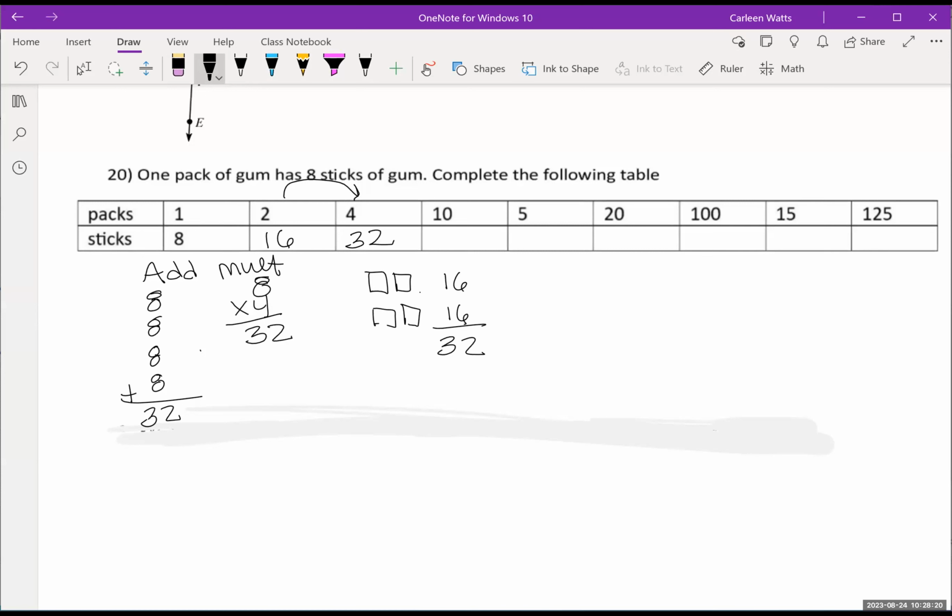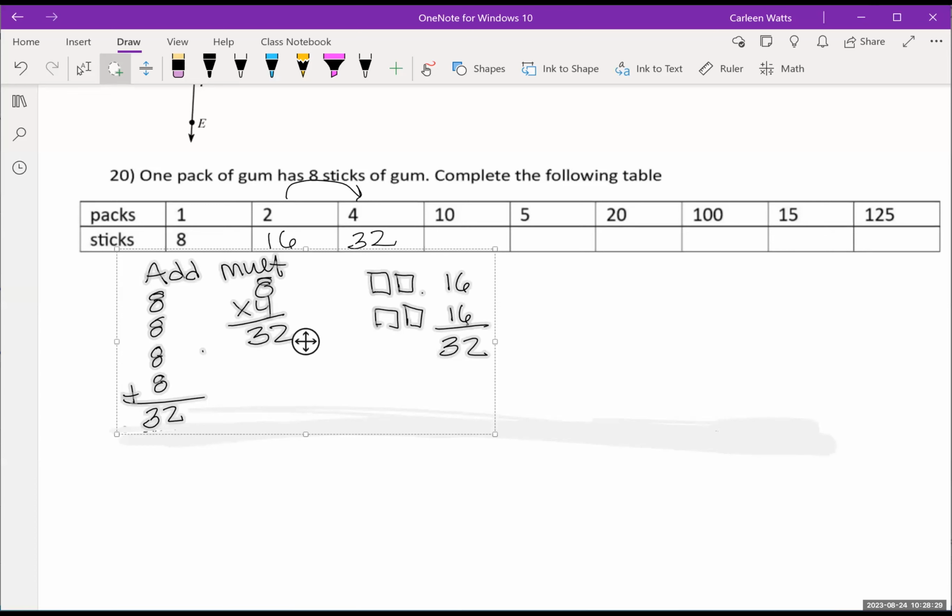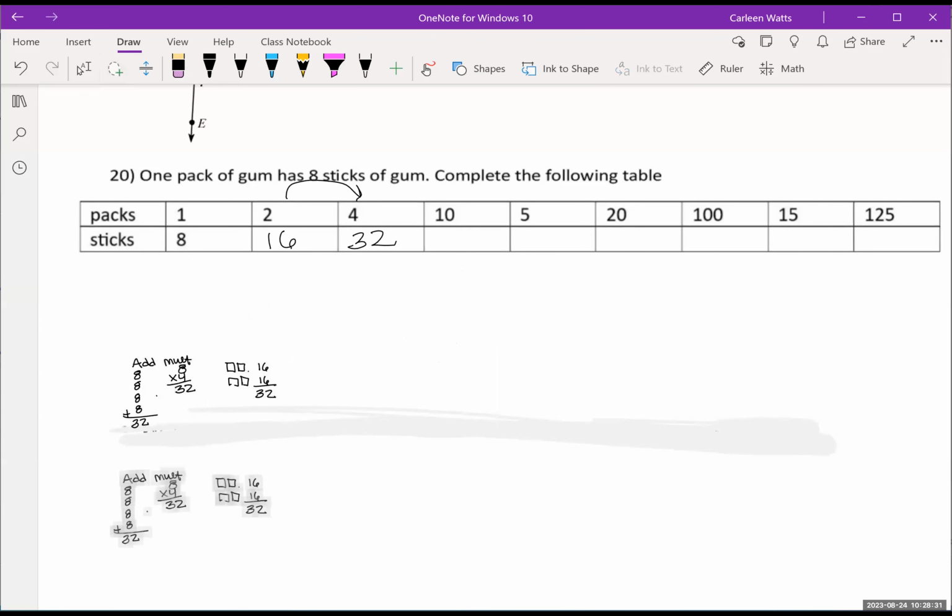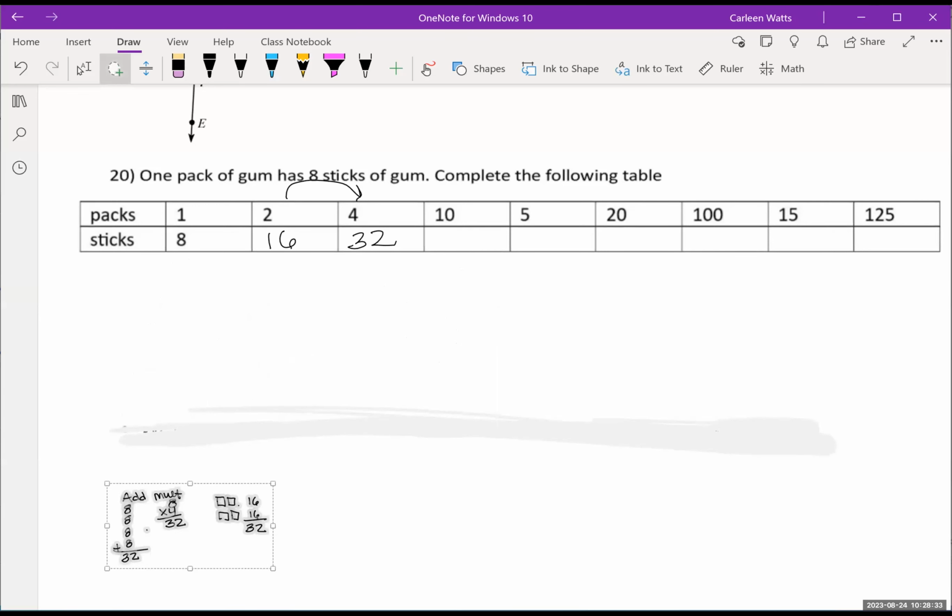Okay, how about 10? I'm going to erase this. Sorry. Actually, I could just put it down here. How are we going to get 10? Different ways of getting 10. One is I could add.